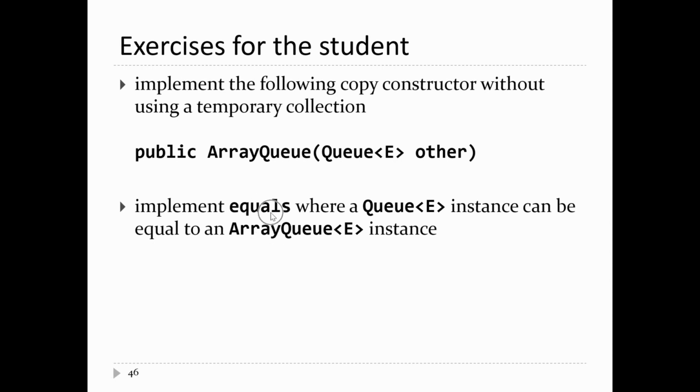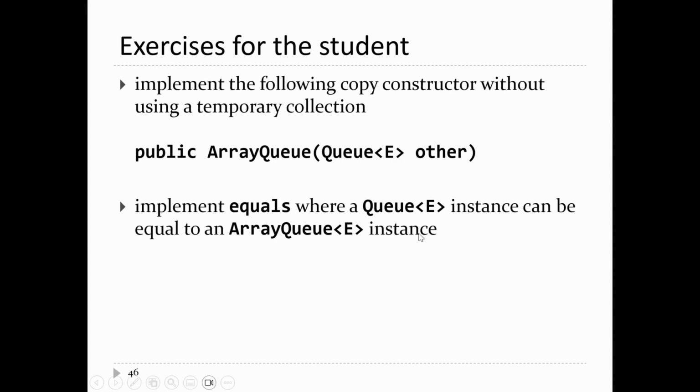Consider implementing equals. You could override equals so that an ArrayQ is possibly equal to another ArrayQ. But it's probably a lot more convenient to implement equals so that an ArrayQ can be equal to any Q. As long as it has the same number of elements and the elements are in the same order, they should be equal.